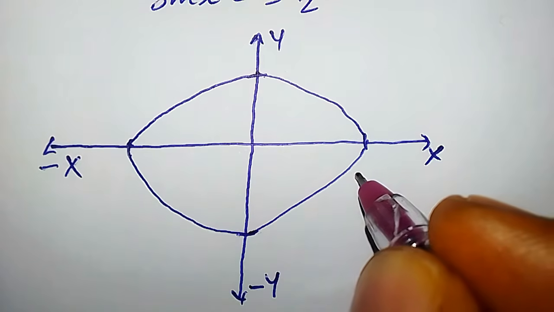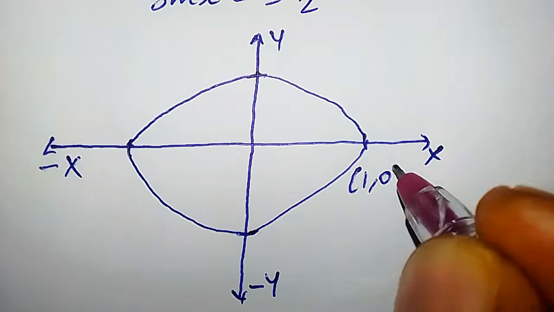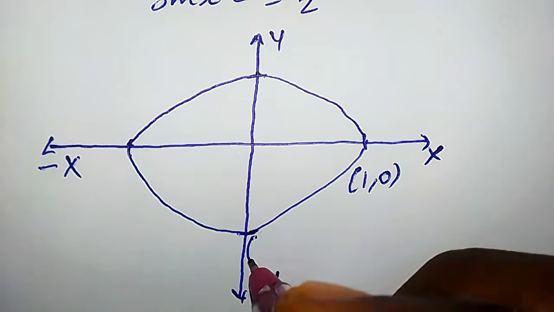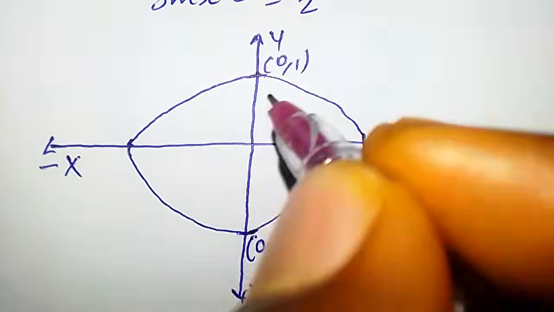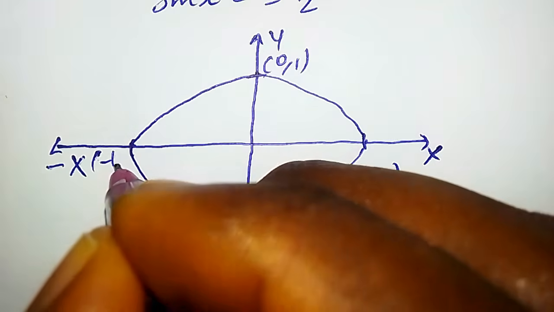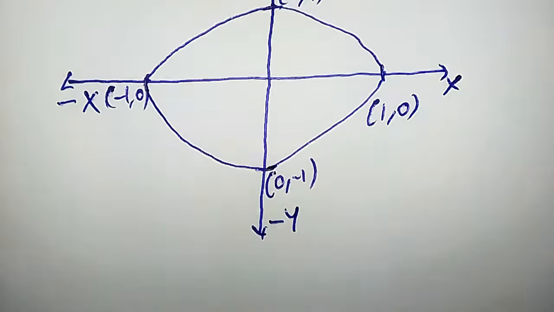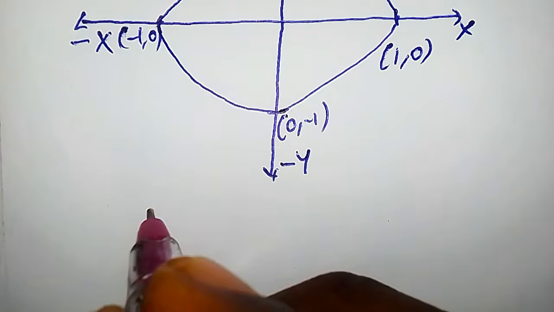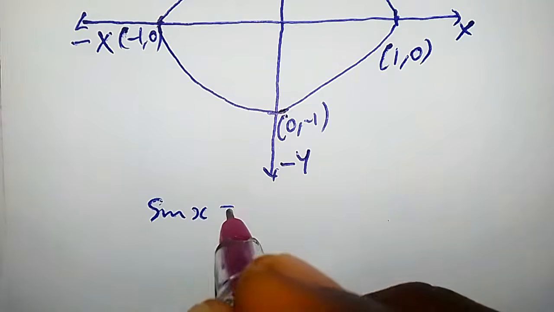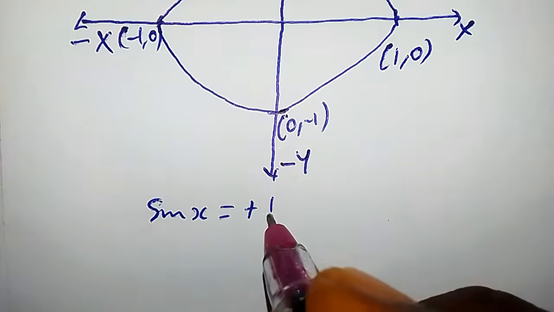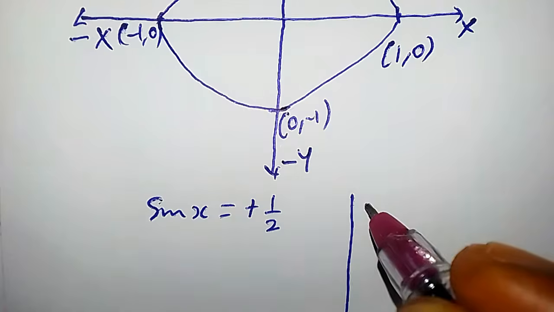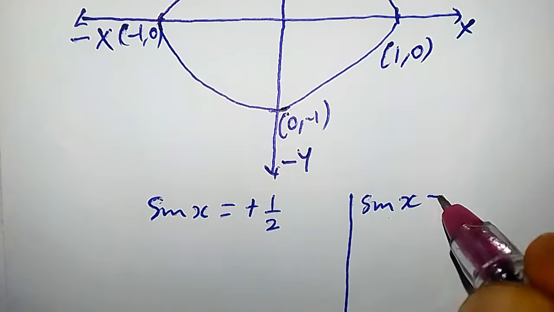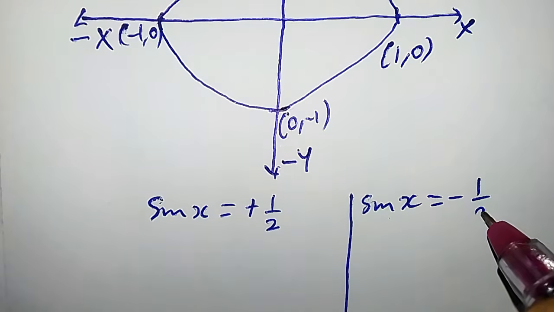This point is coordinates 1, 0, and here is 0, minus 1. This point is 0, 1, and this point is minus 1, 0. So for sin x equal to plus 1 over 2, and also sin x equal to minus 1 over 2.